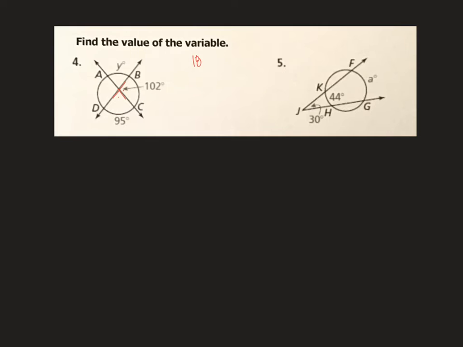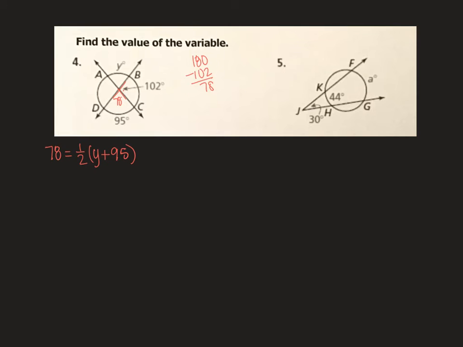So linear pairs add to 180, which means that this angle has to be 78 degrees. So what we know is that that 78 degree angle has to be equal to half of y plus 95. So it has to be equal to half of those two arcs added together.